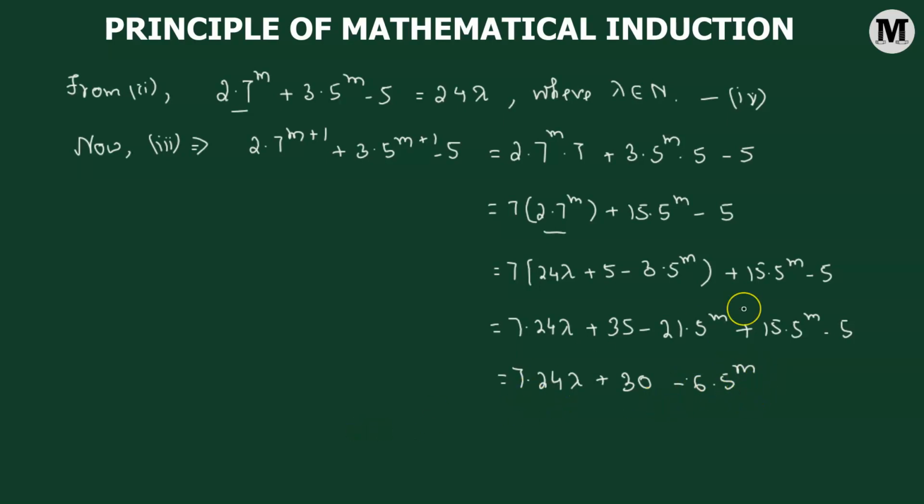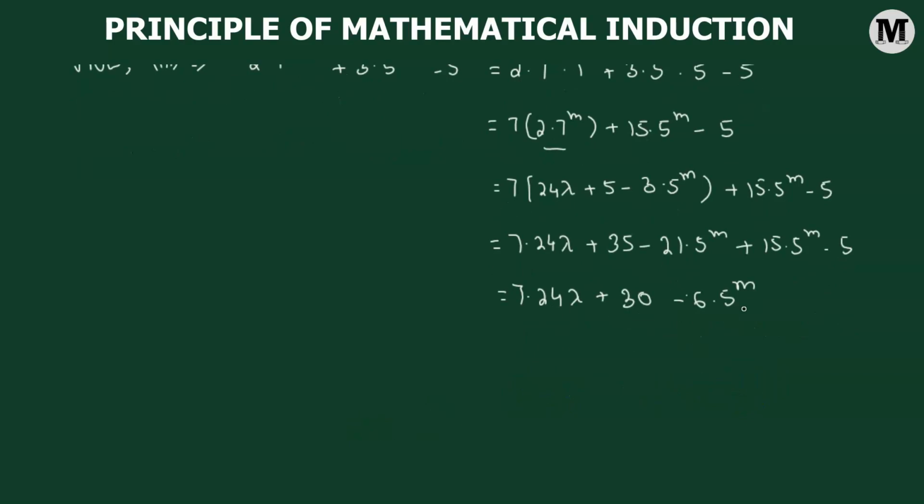Okay, now what we'll do, we will take 24 as the common factor from each of the terms. So if we take 24 as the common factor, we have 24 times 7 lambda added to 30 over 24 minus 6 over 24 times 5 raised to the power of m.